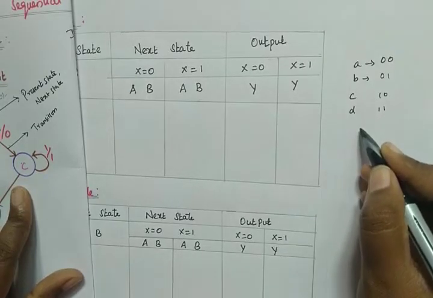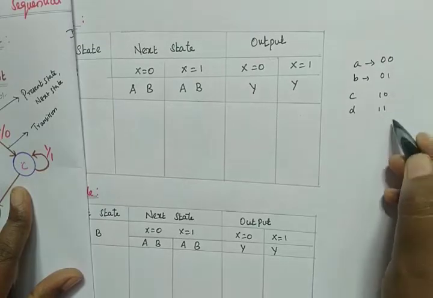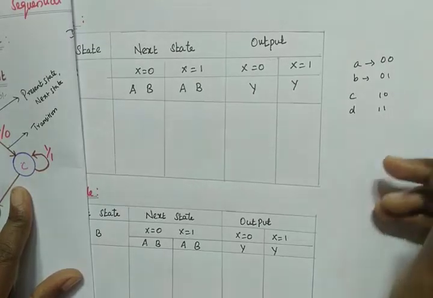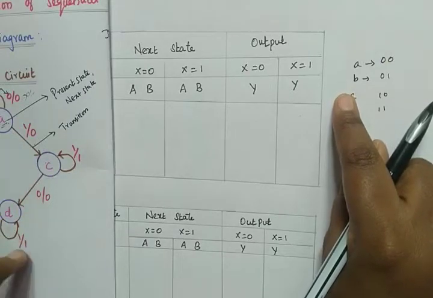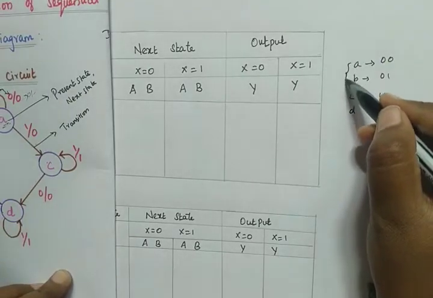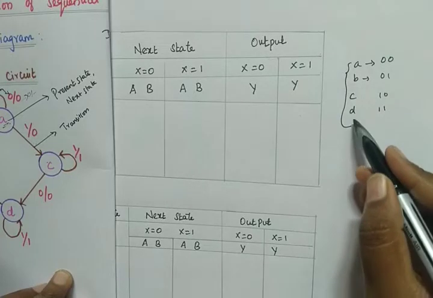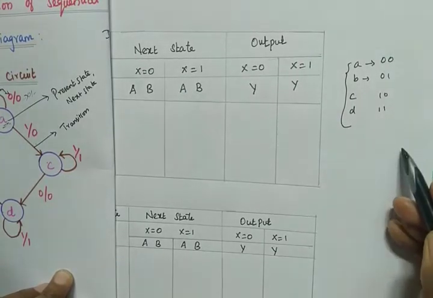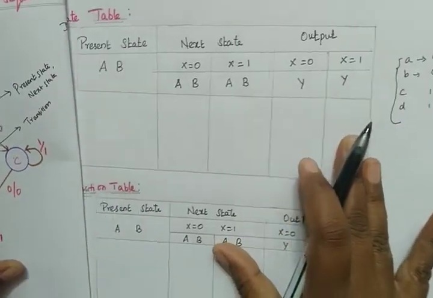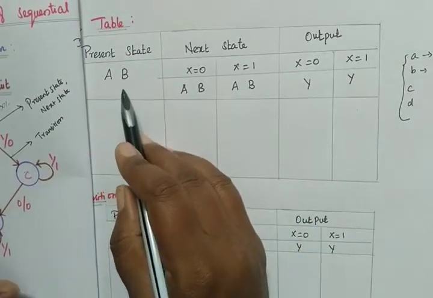If we have E as the fifth, then we need 3 variables, 0 0 0 to 1 1 1. So the number of variables depends on the number of states. Here we have only 4 states, A, B, C, D. If our states increase, that is E, F, then we have to use 3 variables. That is the reason why we are using only 2 here.